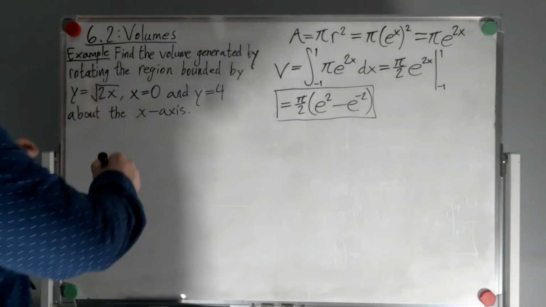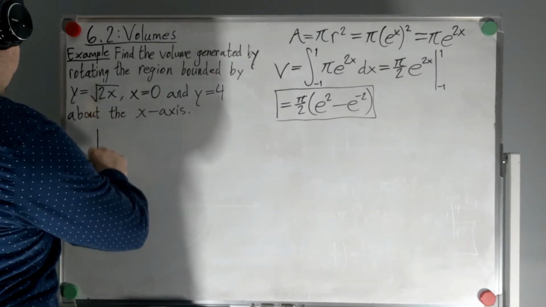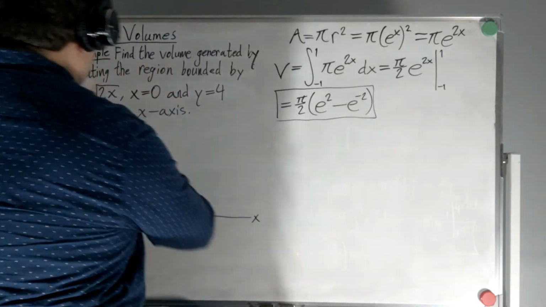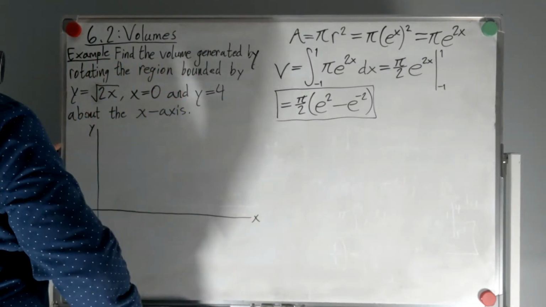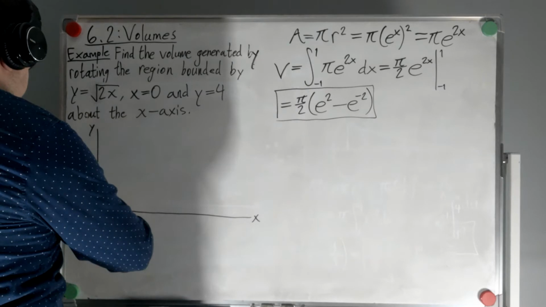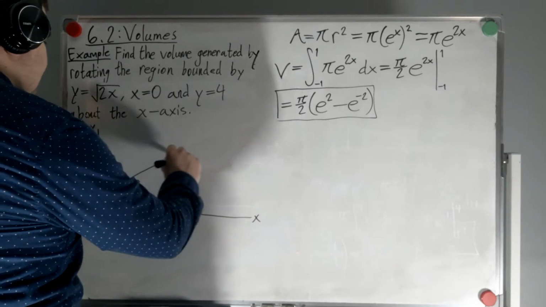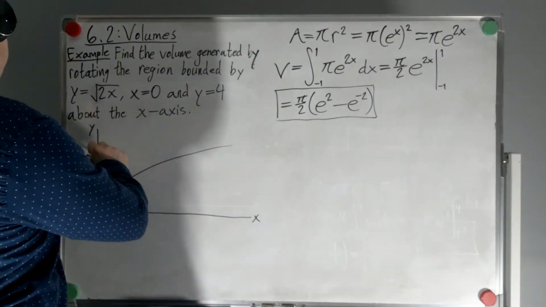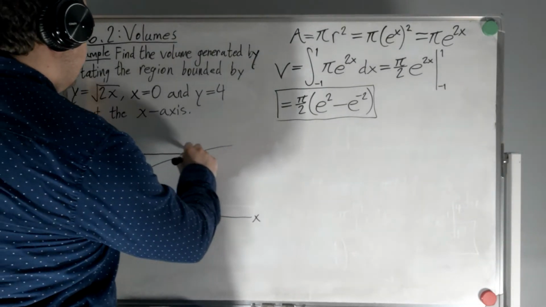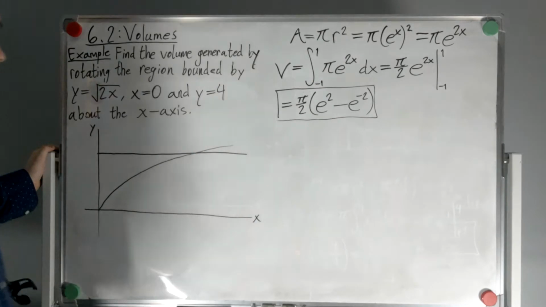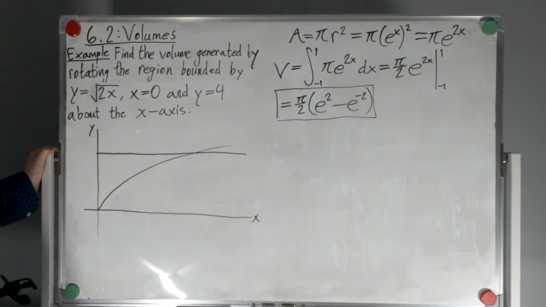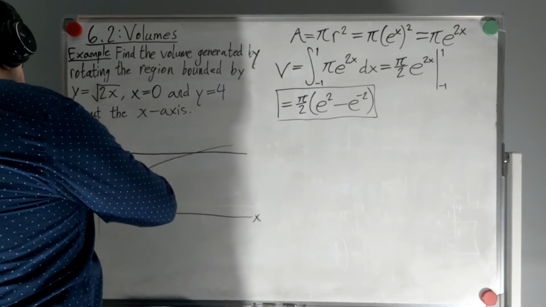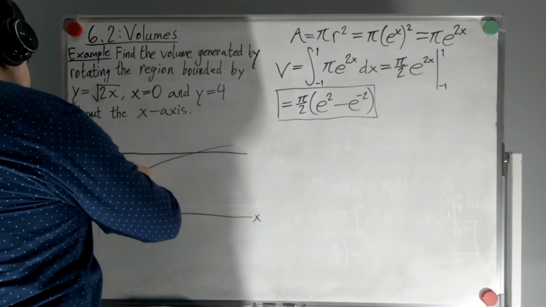Okay. Y equals the square root of 2x is a curve that kind of looks like this. Y equals 4 is a horizontal line that kind of looks like this. And then x equals 0 is just the y-axis. So we are looking at this region right here.